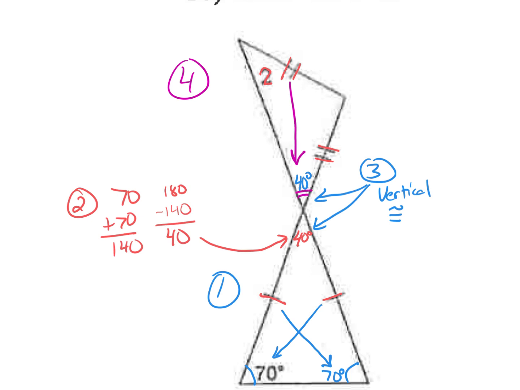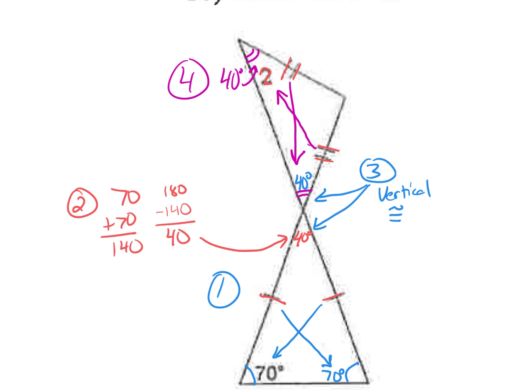So 2 curves there. Go opposite. 2 curves there. So how much is angle 2 going to actually equal? 40. Because this congruent one is 40, and the 2 congruent ones are 40.